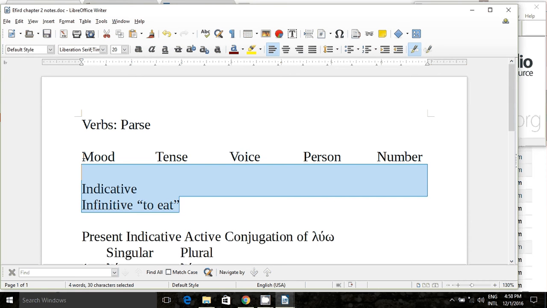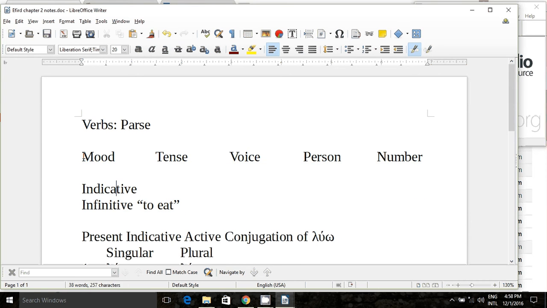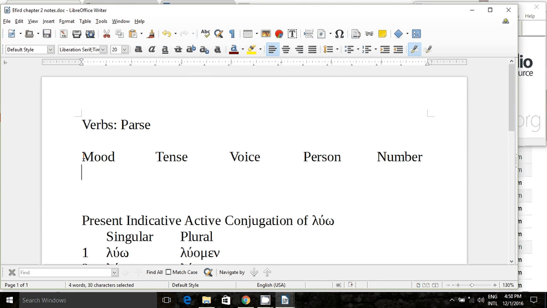We'll get to others as time goes on, but all you need to know really for today is that we're dealing with the indicative for almost all our verb forms, but we will learn one infinitive form. So much for moods. For tenses, just like in English, just what you would expect. There's a present and a future and so forth.